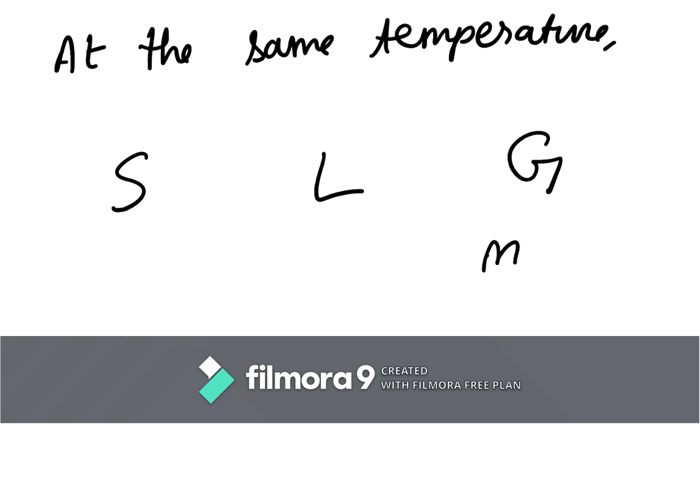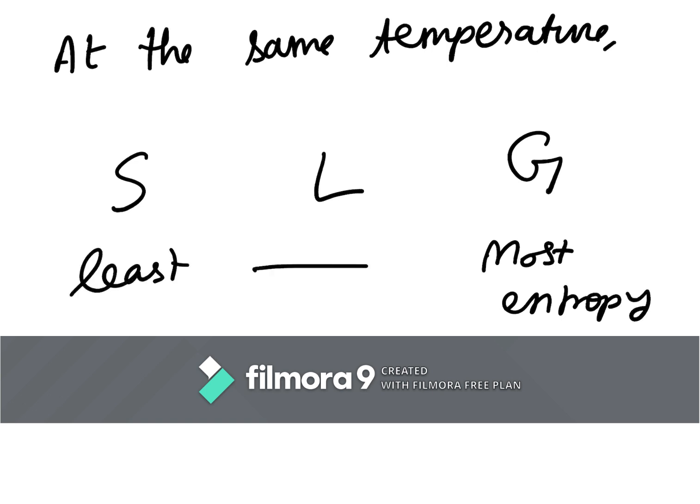Now, at the same temperature, if you have three systems, one being a solid, the other being a liquid, and the third being a gas, the gas has the most entropy and the solid has the least entropy, with the liquid being intermediate. That would be the entropy relation between these three.